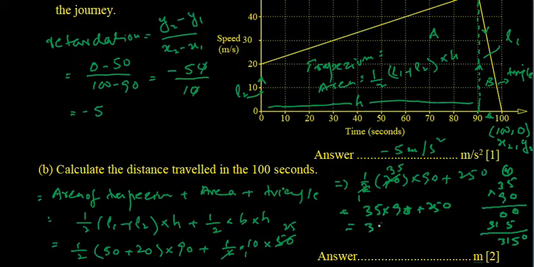So 3150 plus 250 is 3400. So 3400 meters is the total distance traveled during 100 seconds.